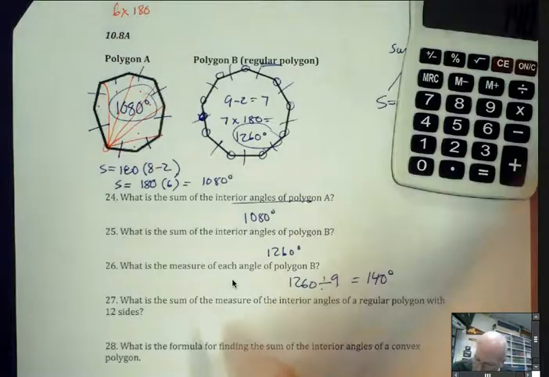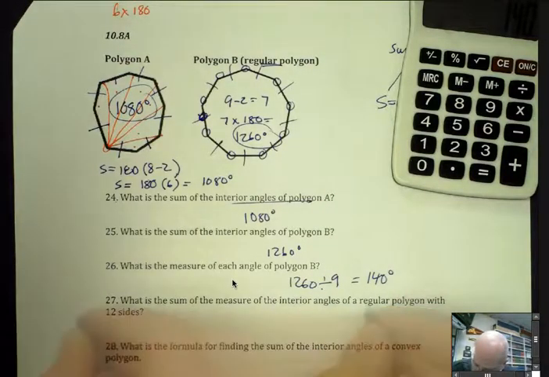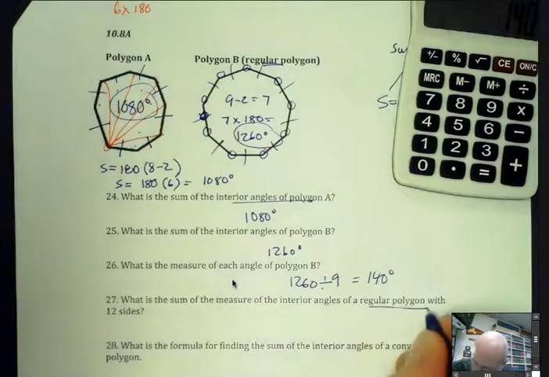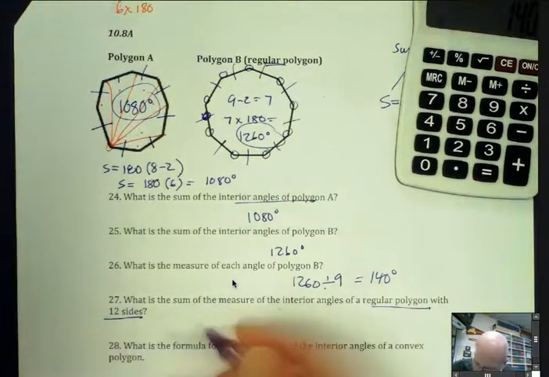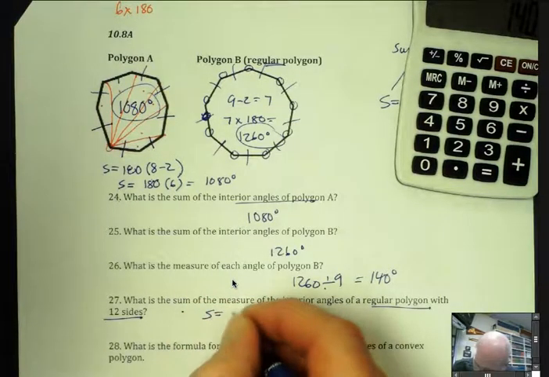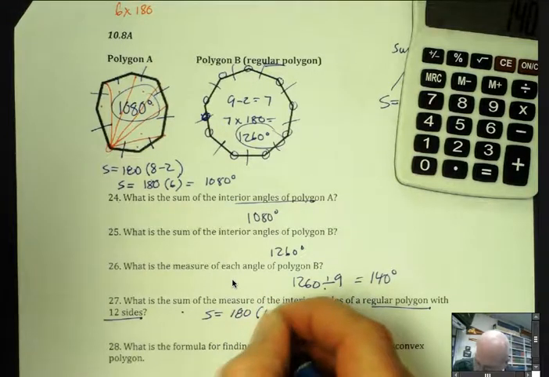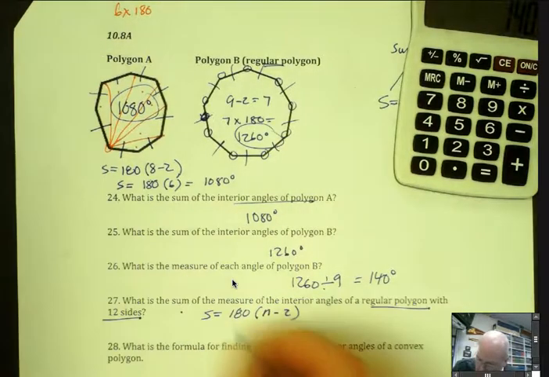All right, what is the sum of the measure of the interior angles of a regular polygon? Oh, this is no picture. It's a regular polygon with 12 sides. Well, if it has 12 sides, and I use that formula, the sum equals 180 times the number of sides minus 2. I can just substitute that in.